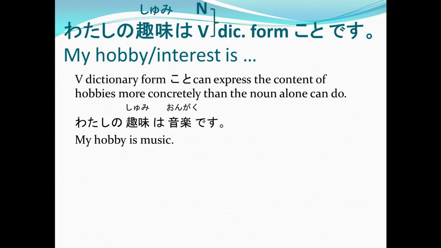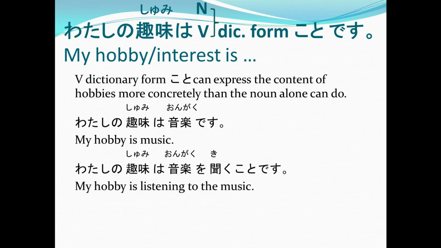Next example. Watashi no shumi wa ongaku wo kiku koto desu. See that in the second example, we use watashi no shumi wa, the object, and then of course the verb dictionary form koto desu, which means my hobby is listening to music.